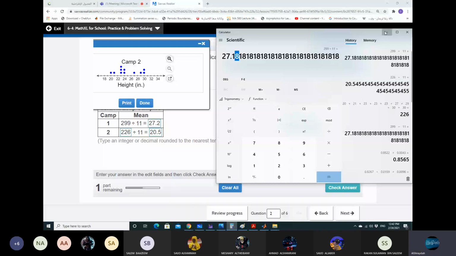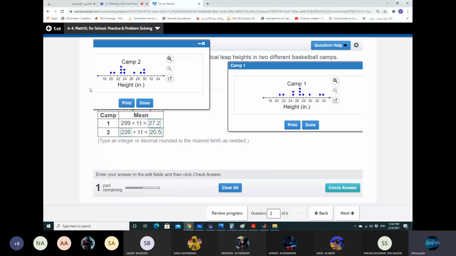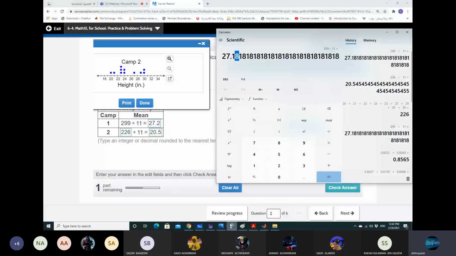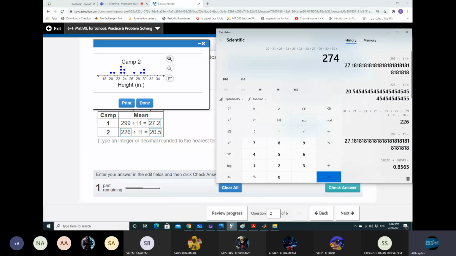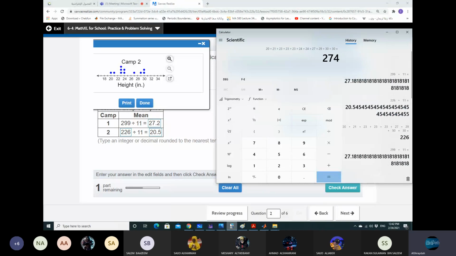What about then the second camp? Let's add them. 20 plus 21 plus 23 plus 23 plus 23 plus 24 plus 24 plus 27 plus 29 plus 30 plus 30. It is 274.